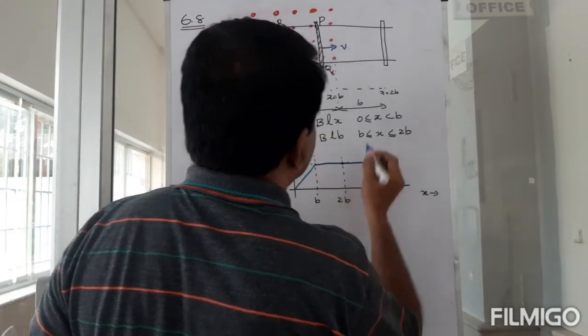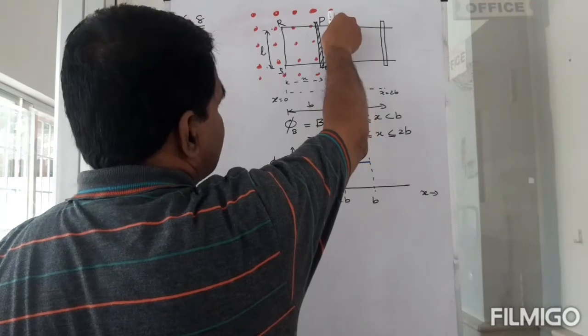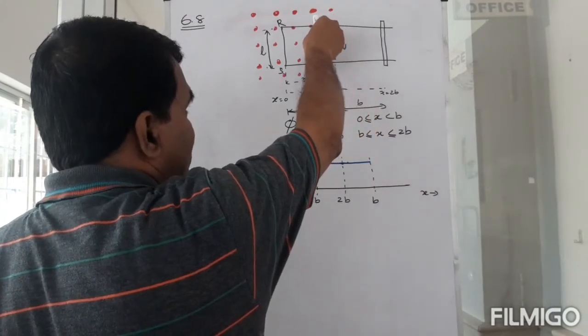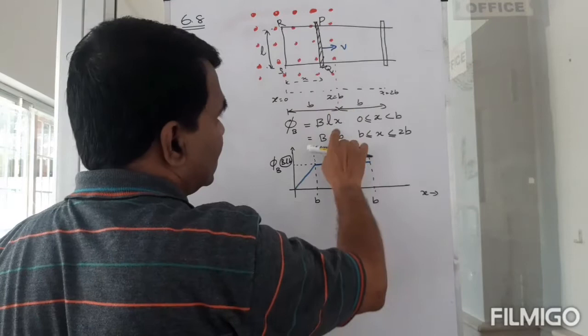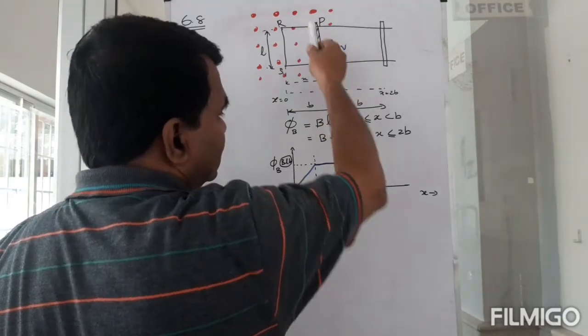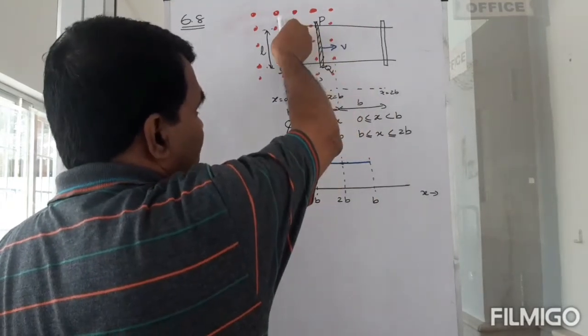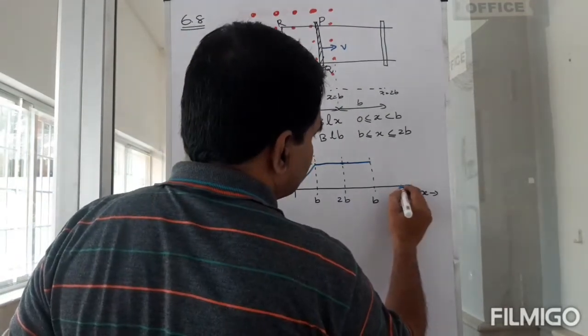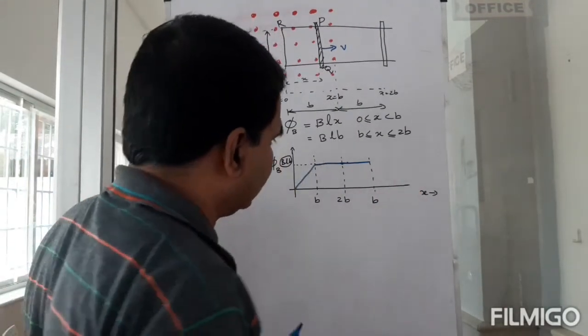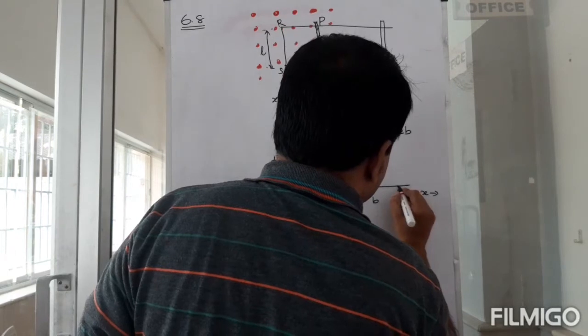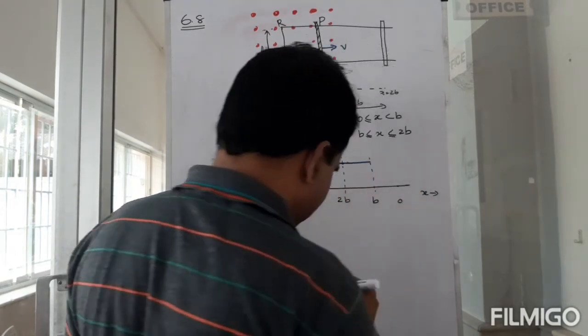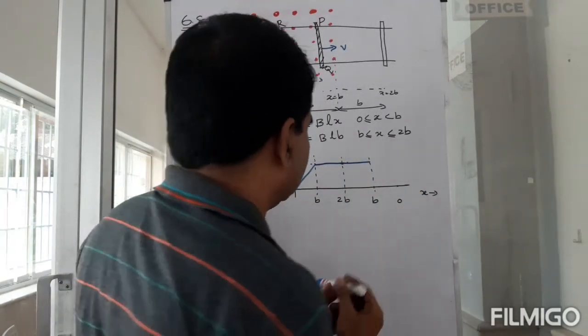There won't be any change. But then once you reach B, as you come inside, notice the flux is going to reduce like this, and it will become 0 as you reach here again. So if I put 0 here, from B to 0, x is equal to 0, and that will come down.